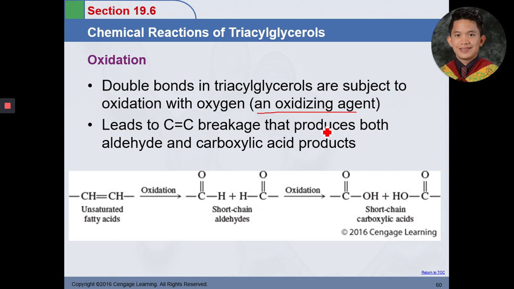Say for example, you have this chain of carbons in your fatty acid, and then you have here a double bond. Now, if we subject this to oxidation, the bond would totally break, and then you have here an oxygen.